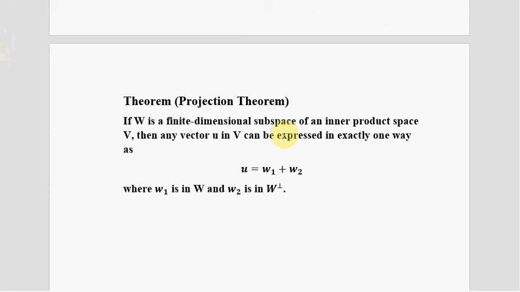The first term is its projection on the plane, that's W sub 1, and then W sub 2 is its perpendicular, or its orthogonal complement. U is equal to W sub 1 plus W sub 2.